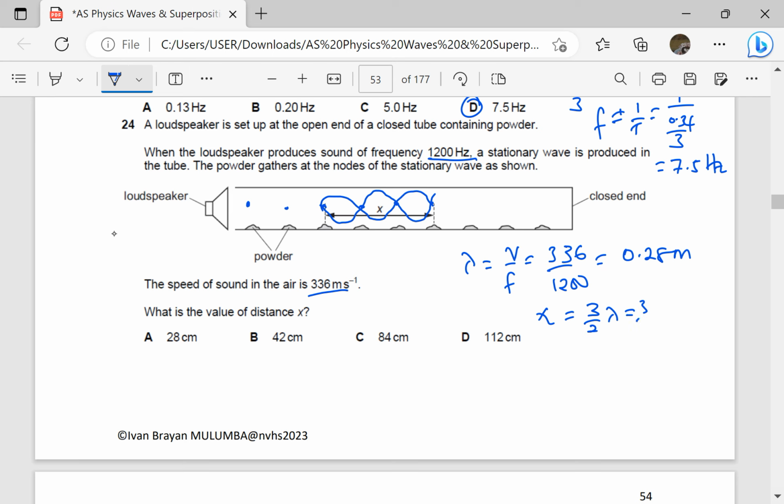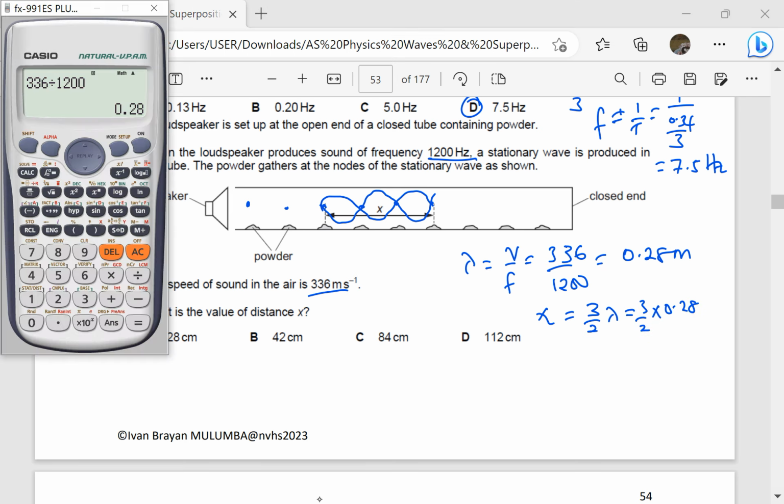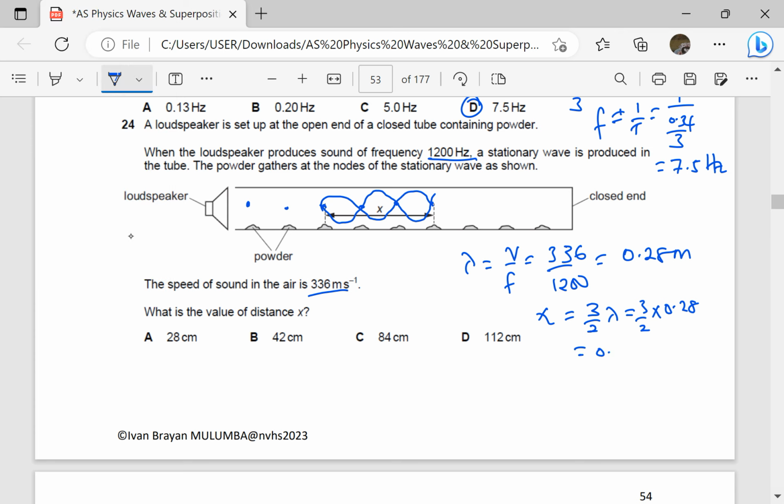So that will be 3/2 times 0.28. That is 1.5 times 0.28, which gives us 0.42 meters, which is exactly 42 centimeters. So the value of x is 42 centimeters.